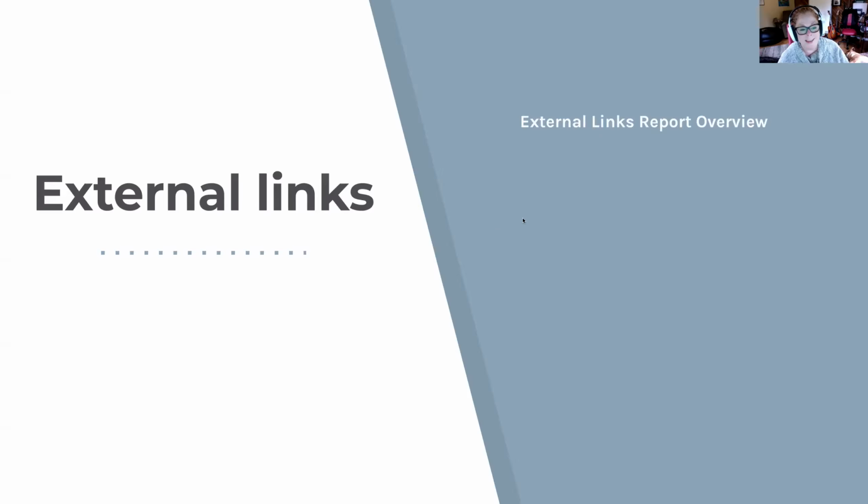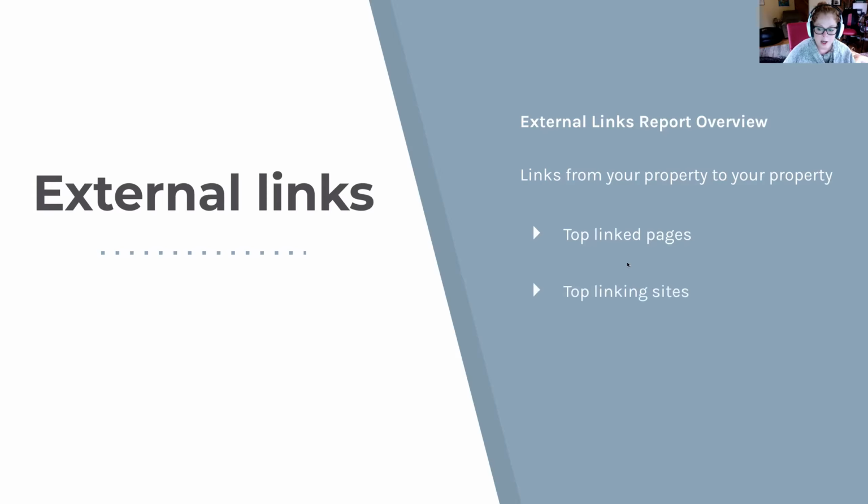And inside Google Search Console, you're going to see the external link report. It's going to show you the links from your property to your property on your top linked pages. Usually most businesses or other websites will link mainly to your homepage. You'll also see top linking sites.